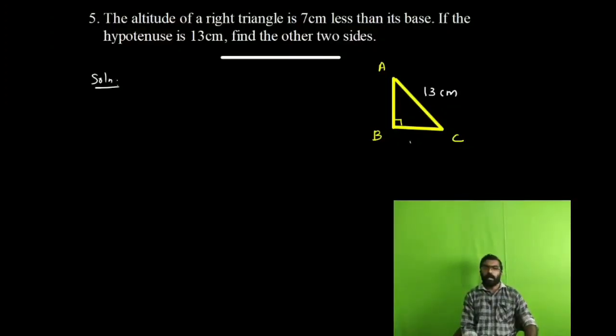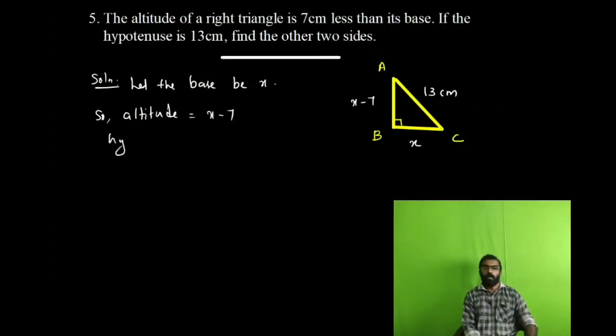So the base we can take it as x. Okay, let the base be x. So we can write the altitude. Length of the altitude will be 7 centimeter less than its base. So x minus 7. Here it is x minus 7. Then hypotenuse, it is given as 13 centimeter.